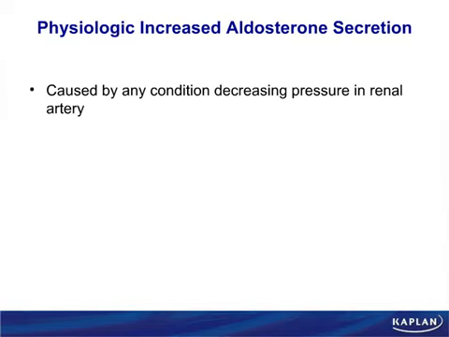The other thing with aldosterone is that it can be caused by any condition that decreases pressure in the renal artery. So aldosterone goes up from anything that lowers blood pressure. It cannot determine the etiology of it. So that means sweating, hemorrhage, dehydration, beer drinking, it's all the same.